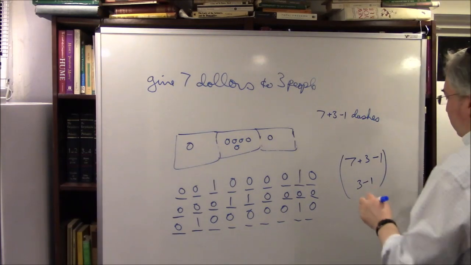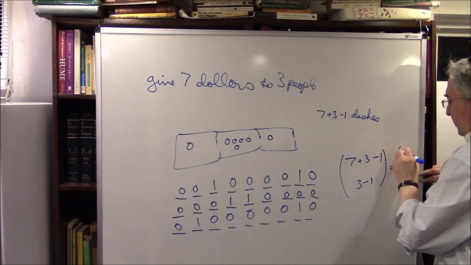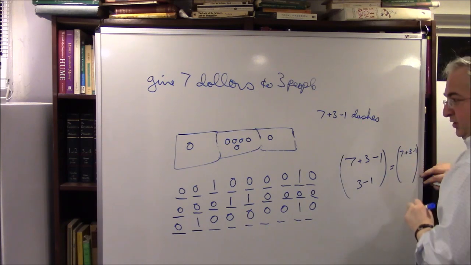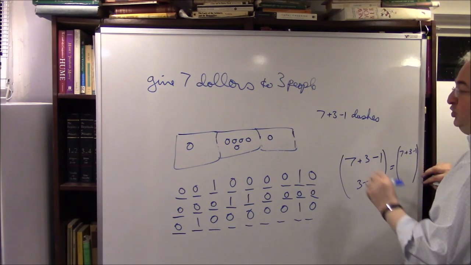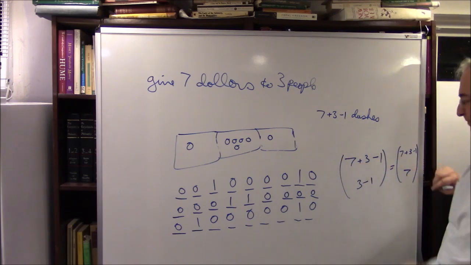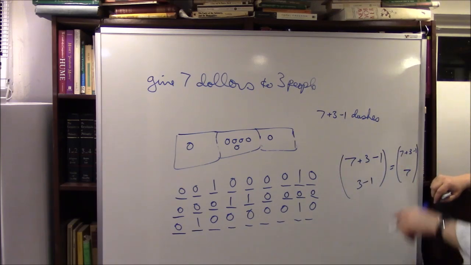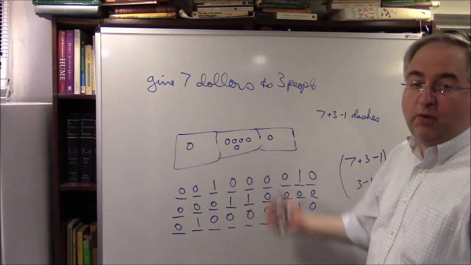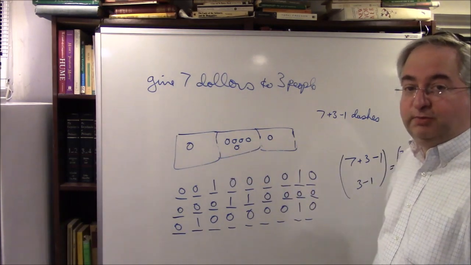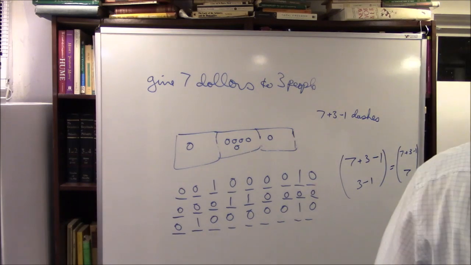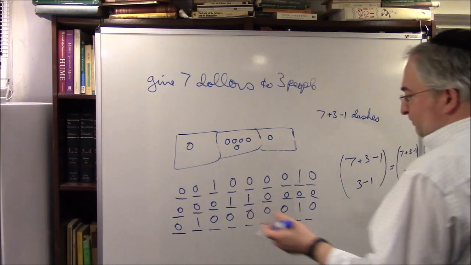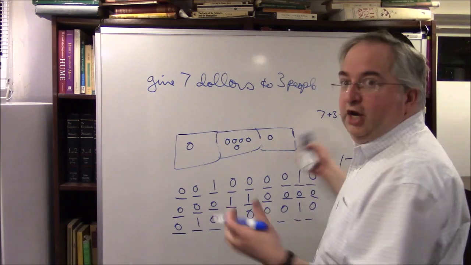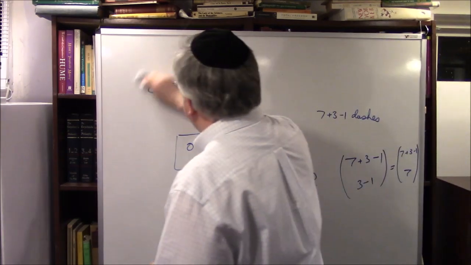So another way of saying this is, I have 7 plus 3 minus 1 dashes, and I want to choose where to put the 7 zeros. And the other ones are going to be the ones which represent the boundaries, the separations between them. That's the example. So let's now generalize to regular things.